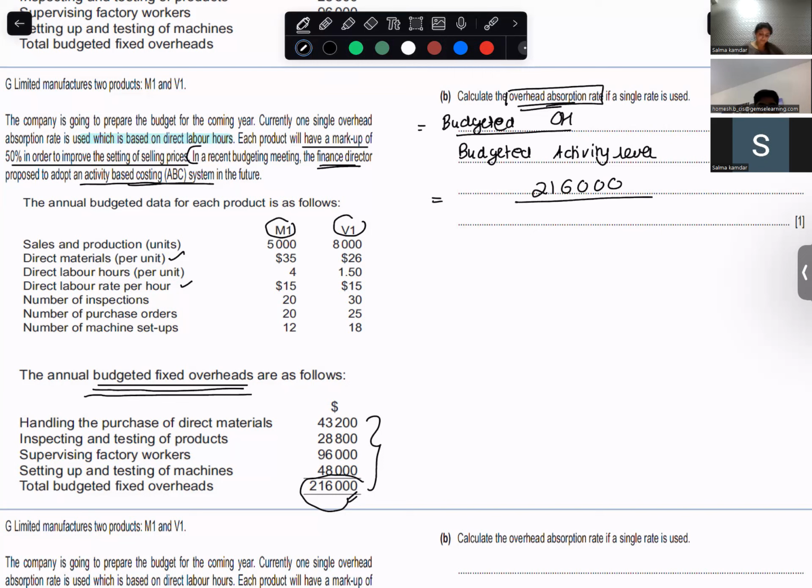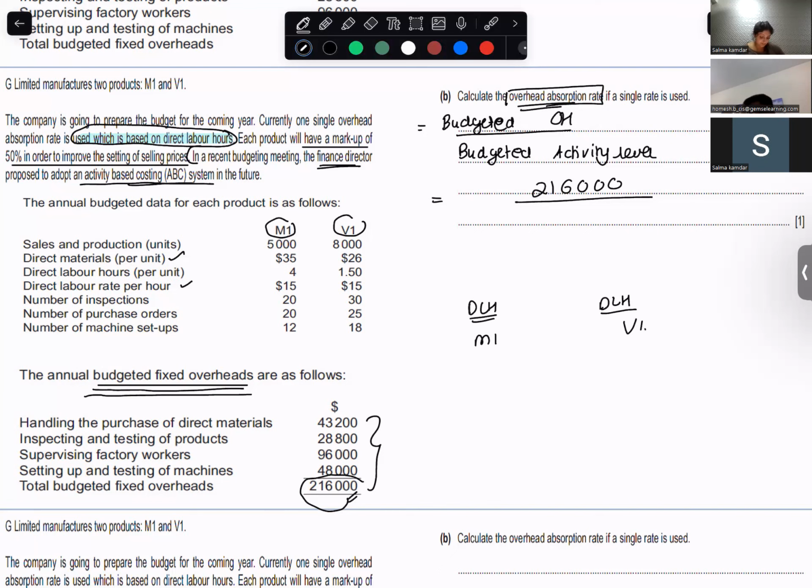Read this. The direct labor hours. So you want the direct labor hours for M1 and you want the direct labor hours for V1.